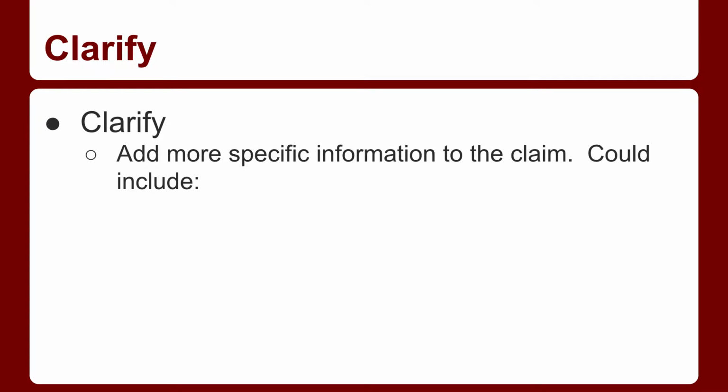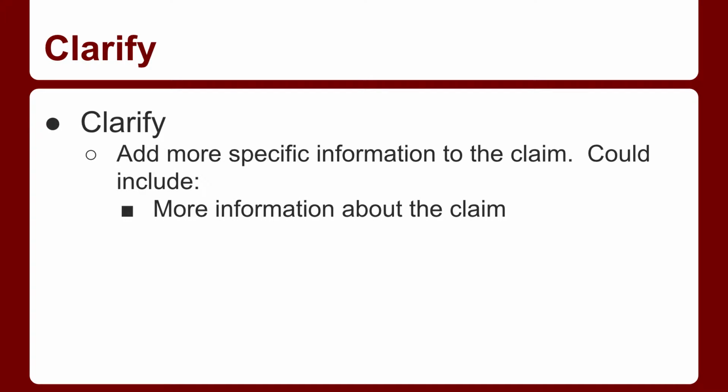The next one is clarify. Next sentence. To clarify means that you want to add more information to the claim. This clarification could include more information about the claim, like what specifically about the story shows that.